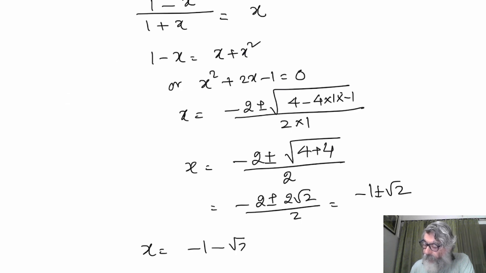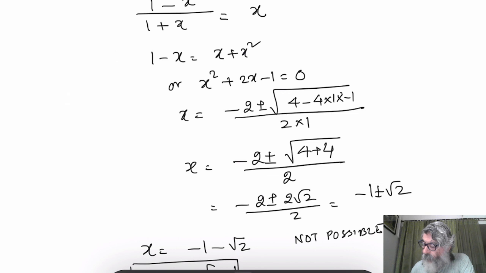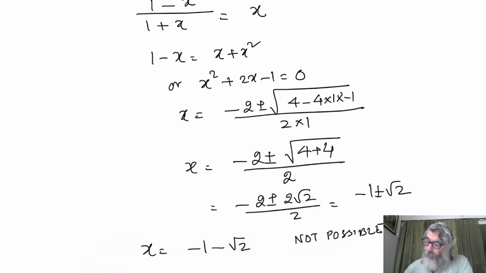One is −1 − √2, which is not possible, because tan 22°30′ will be positive. So x will be √2 − 1.